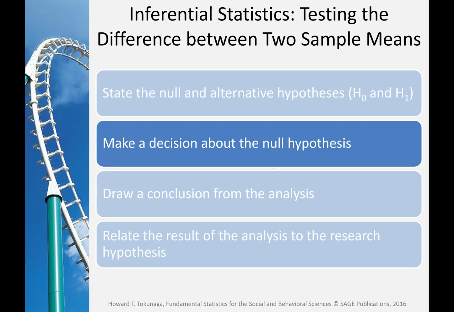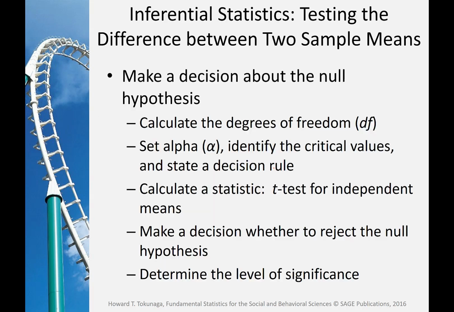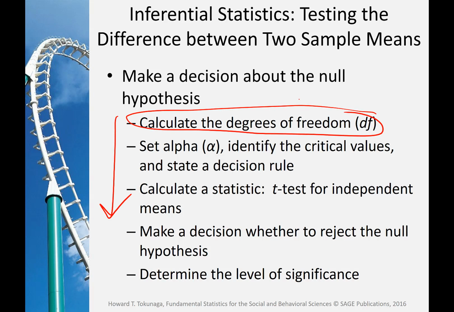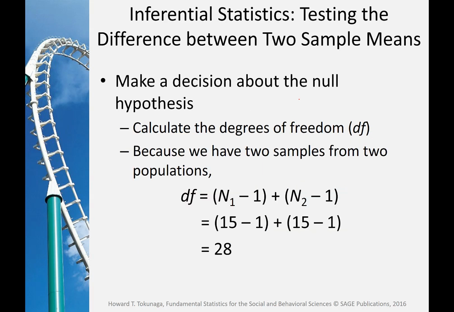So the next step in our scientific method is to make a decision about the null hypothesis, because we've got some data. How do we make the decision about the null hypothesis? Well, we're going to calculate a test statistic. And we're going to follow this process here. First step, calculate the degrees of freedom. So we're going to evaluate how big our sample is. With this, because we have two groups, right?